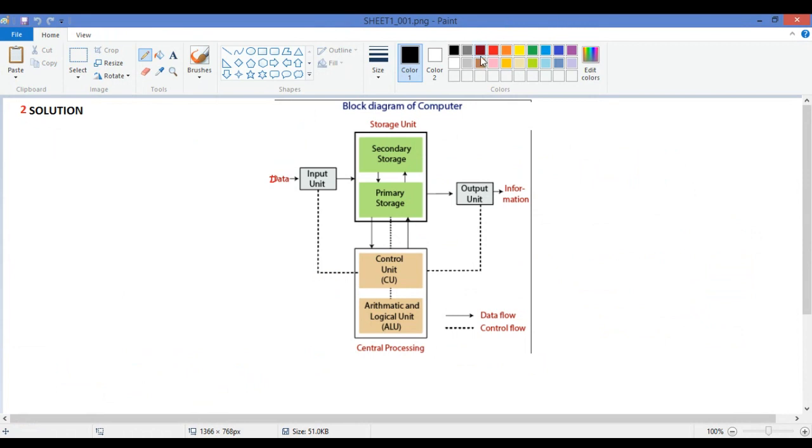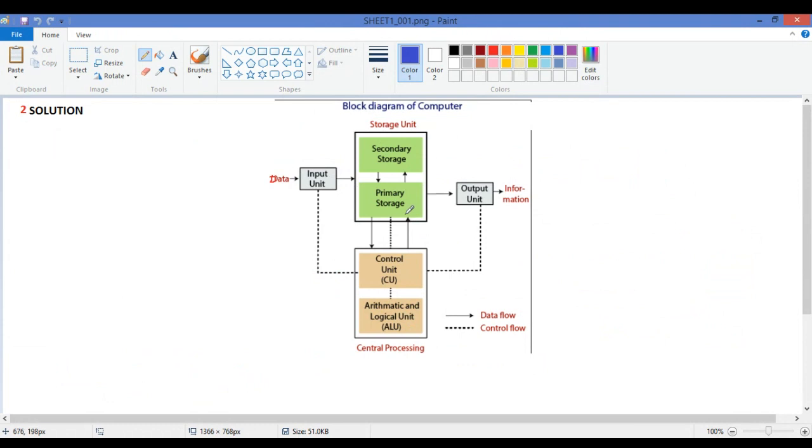Now, see here, you might have seen the block diagram of a digital computer. A digital computer has an input unit and an output unit. From input to output, we have two things: one is the ALU, arithmetic and logic unit, and the other is the control unit.